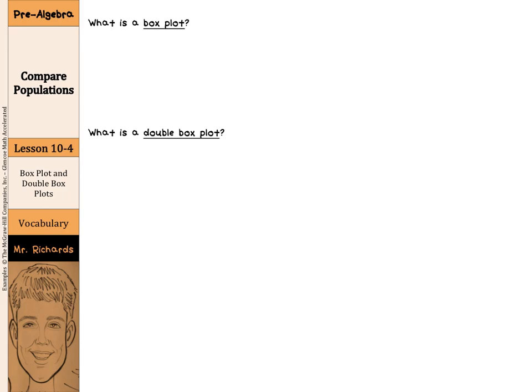It uses a number line to show the distribution of a set of data.